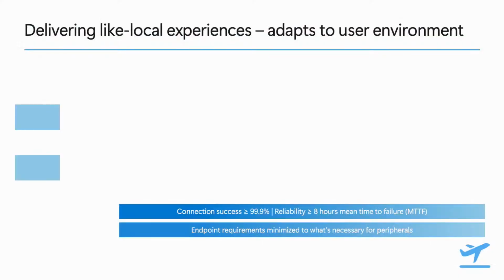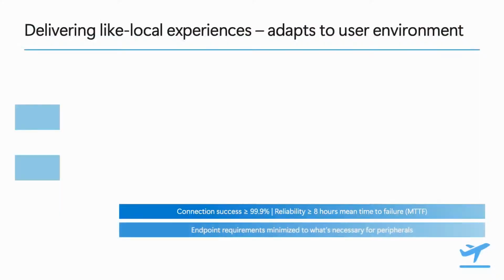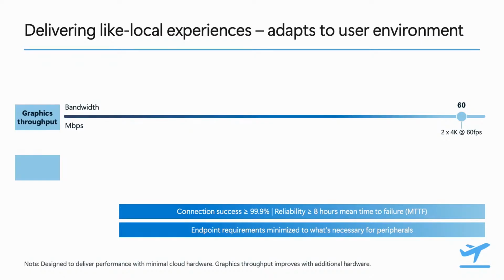Then the other requirement we're looking at is the endpoint itself, where we're trying to get to a point where the endpoint requirements are minimized to what's necessary for what the user has next to them: keyboard, mouse, pen, camera, and such. Now let's look at some of the environment around this. There is graphics throughput that goes over the network, and the bandwidth plays a big role there.